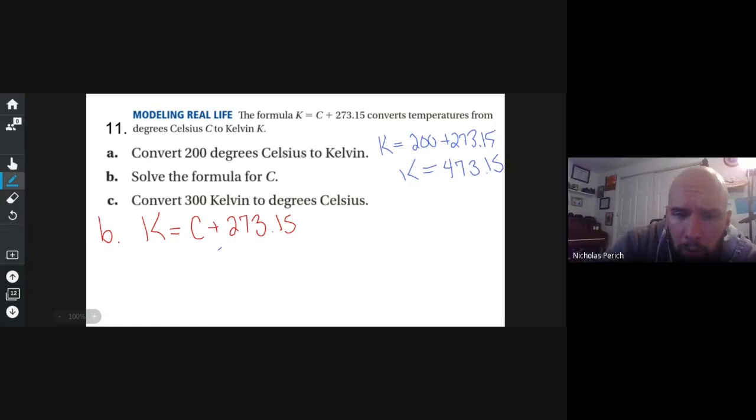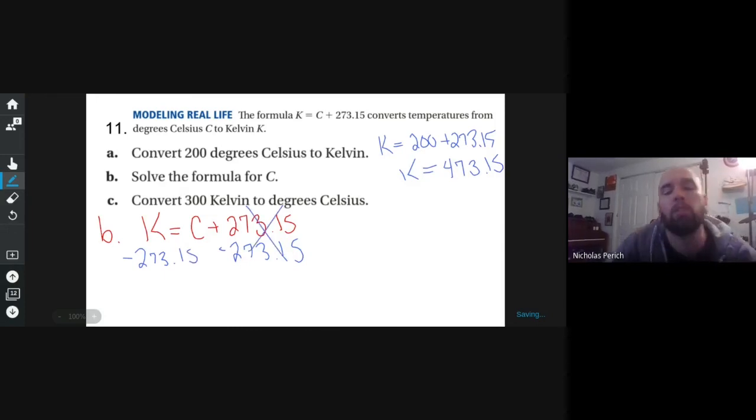How do I get rid of the number that's just floating around? Subtract it. Do the opposite. Minus 273.15 from both sides. Look at the left. I have K and I have minus 273.15. Do those numbers combine? No, because one's a K and one is a number.